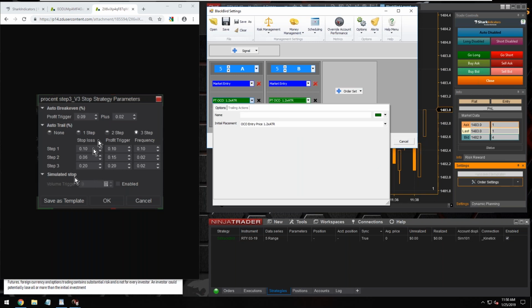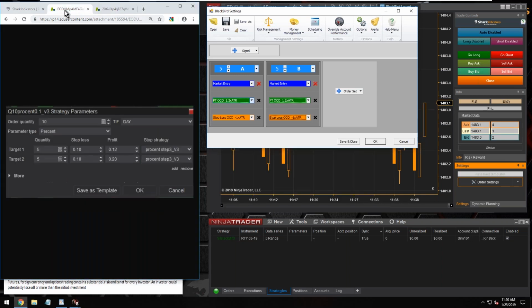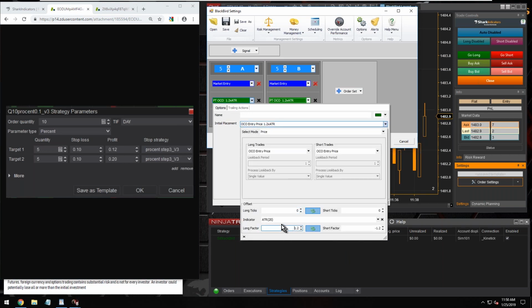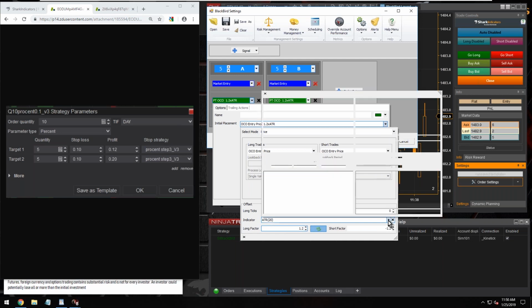Yeah. Let's switch back over to the other screenshot here with the targets on them. So we want a profit target of 0.12%. So let's replace our ATR with this workaround formula.